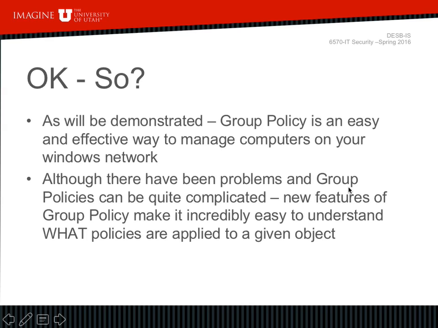So we're going to demonstrate that group policy is an effective way to manage computers on a Windows network. Although there have been problems in the past with group policy, it is an effective way of securing your computers on your network.